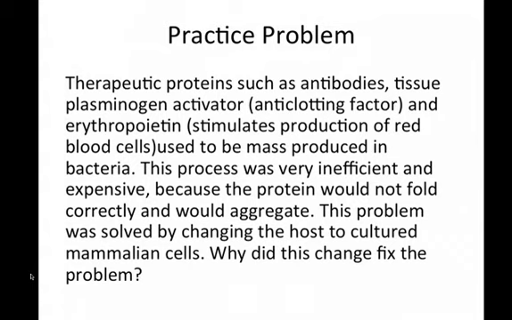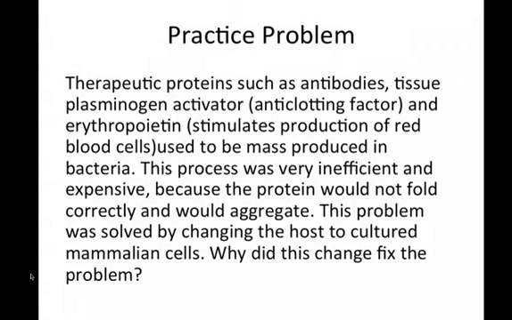Okay, guys, let's stop. I let that one go too long, I'm sorry. So, why did this change fix the problem? Did everyone understand the question? Okay. Who that I never see can tell me why changing to mammalian cells made production of these proteins so much more efficient?